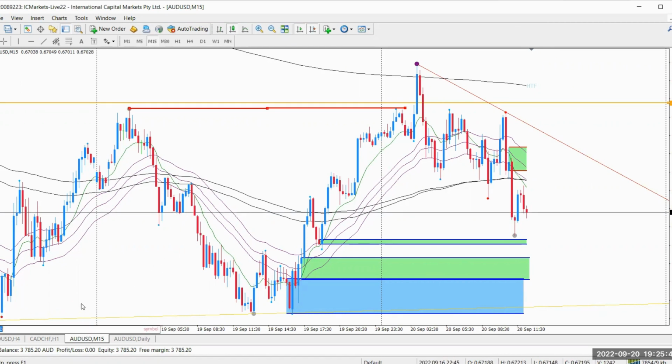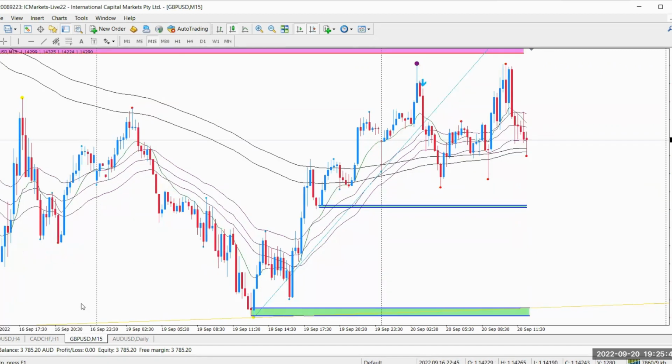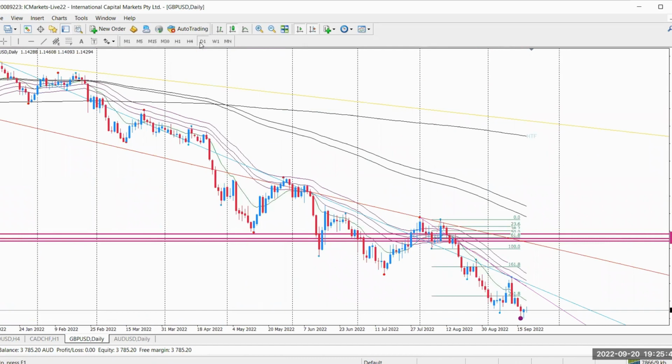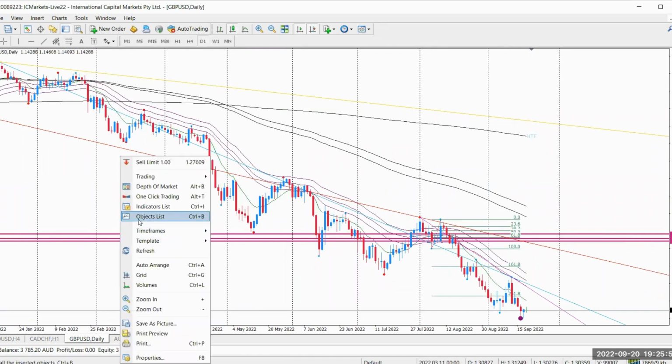What else do we have left? We have the pound USD. So the last one, we will look at the GBPUSD on the daily time frame. Let me delete all those number lines first, hang on. Okay.